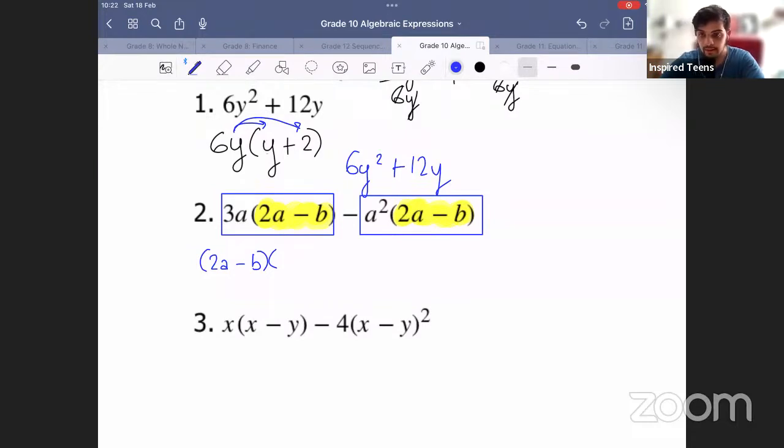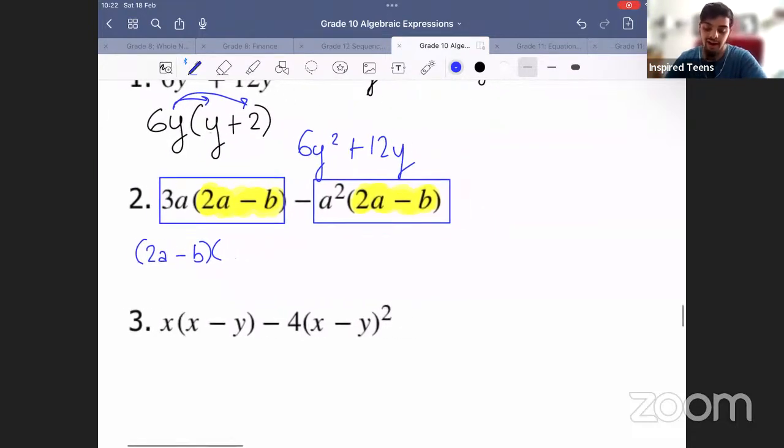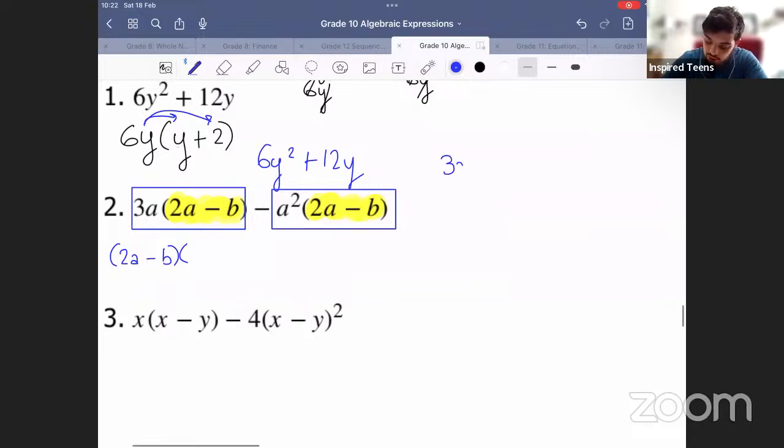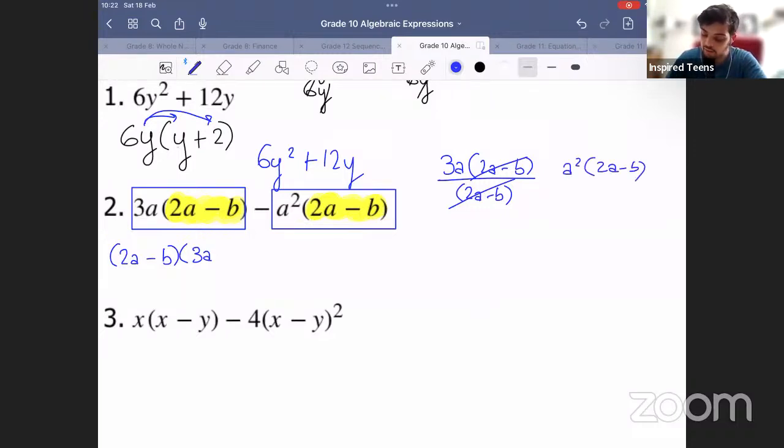Okay, alternatively, you could divide each term by a common factor. So if I had to take 3a and 2a minus b, obviously you don't want to be doing this each time. This is just to explain how it works. That would cancel. I'm left with 3a. A squared, 2a minus b. I divide by my common factor, which is 2a minus b.